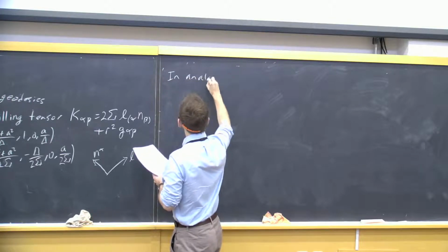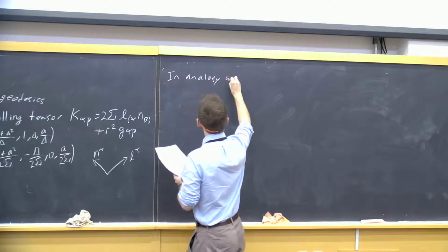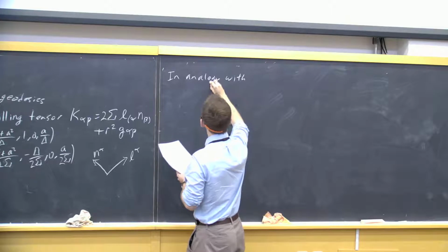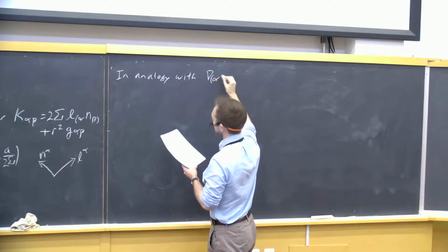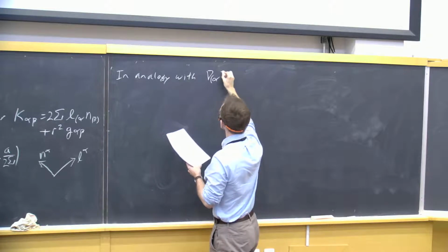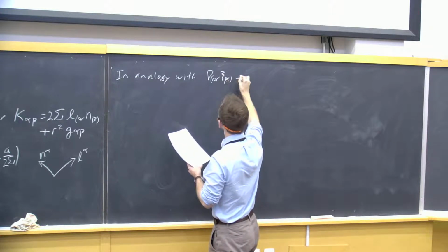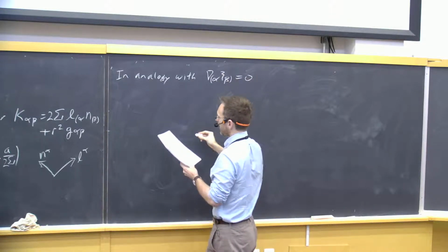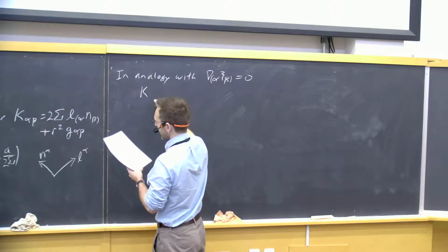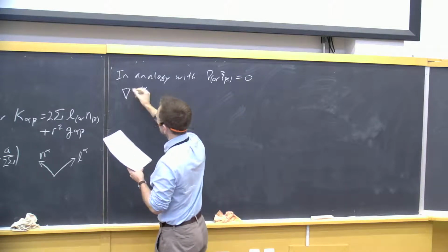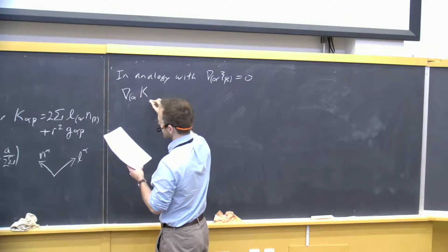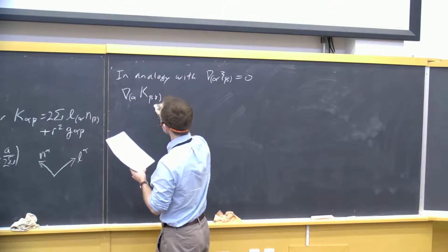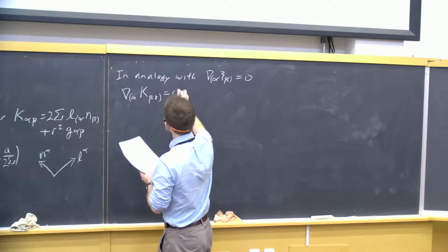So in analogy with this equation for a Killing vector, K alpha beta satisfies a similar expression, which is the symmetrized derivative equal to 0.